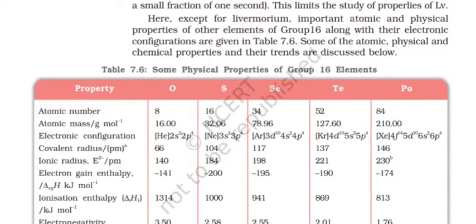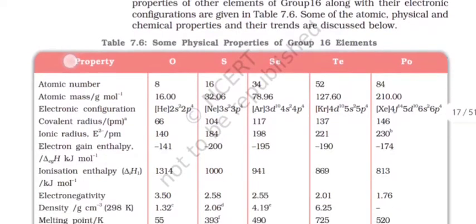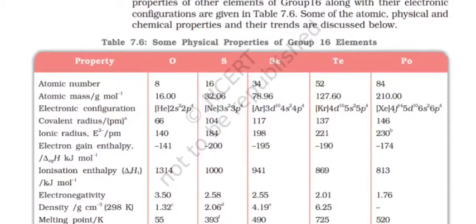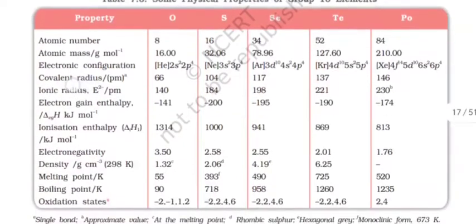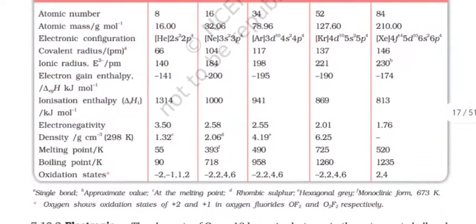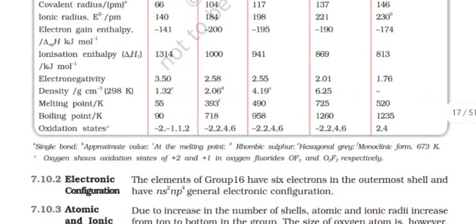Oxygen: atomic number 8, atomic mass 16, electronic configuration [He] 2s2 2p4, covalent radius 66, ionic radius 140, electron gain enthalpy -141, ionization enthalpy 1314, electronegativity 3.5, density 1.32, melting point 55, boiling point 90, oxidation states -2, -1, +1 and +2.